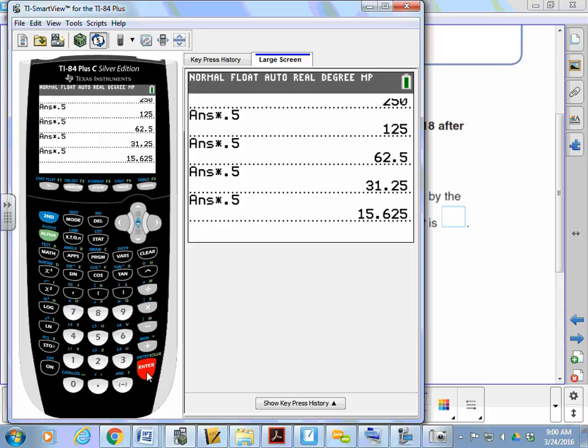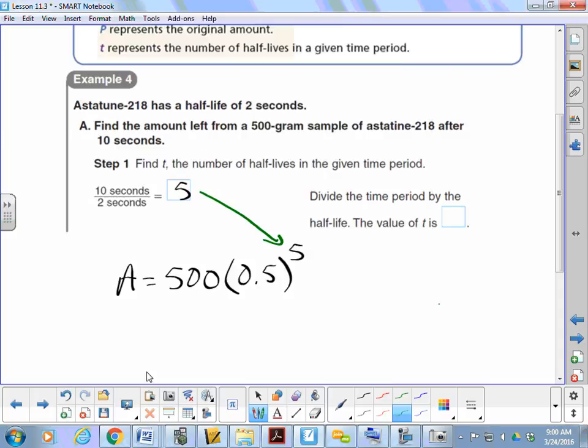So there's now 15.625 grams of astatine in 10 seconds. So you can do this, or you can just type that into your calculator and work it that way. Right? I don't care. It doesn't matter to me which way you do it.